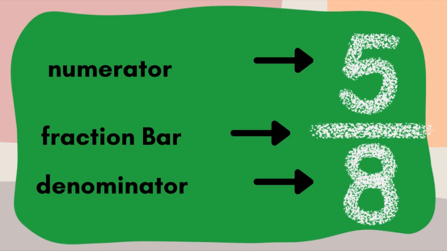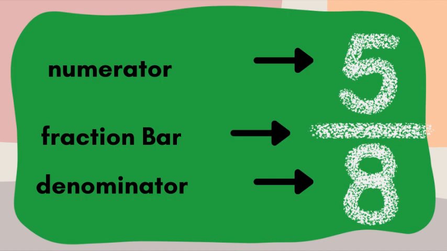It means 5 parts out of 8. The bottom number, which is the number 8, represents the denominator, how many equal pieces are the total parts of a whole. The denominator is represented by the bottom number. This number shows how many pieces there are of the whole pizza. The whole is split into 8 pieces.